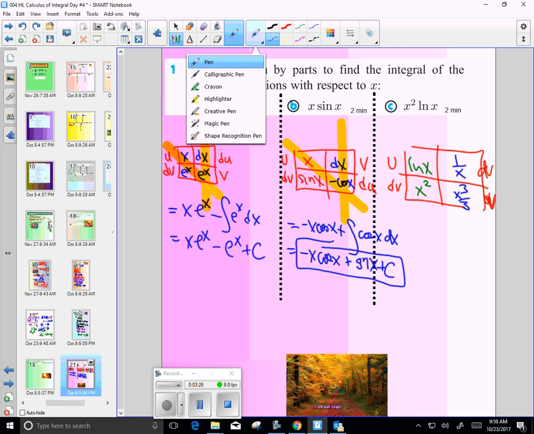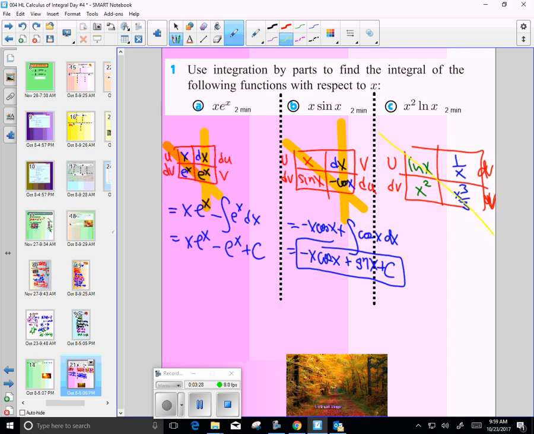Uh-oh. We just had a glitch here. So this is going to be x cubed over 3 ln of x minus the antiderivative of x cubed over 3 x dx. What does that simplify to?